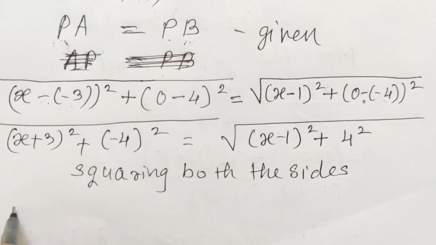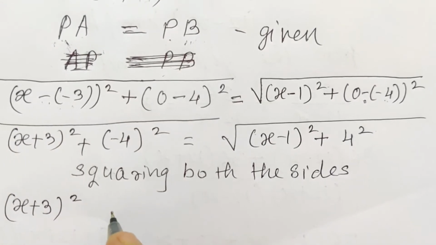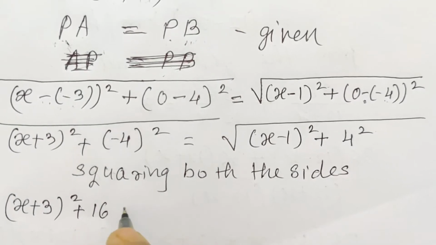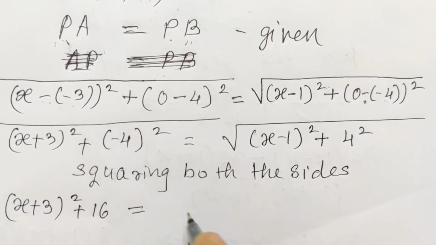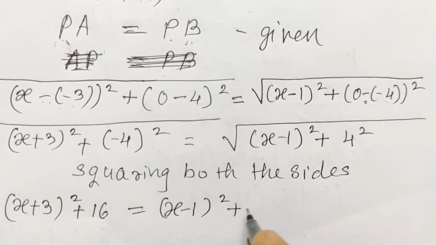So you will get here x plus 3 bracket square plus 16 equal to x minus 1 bracket square plus 16.